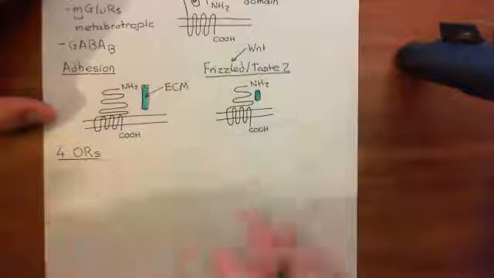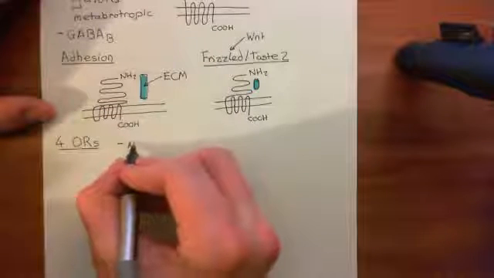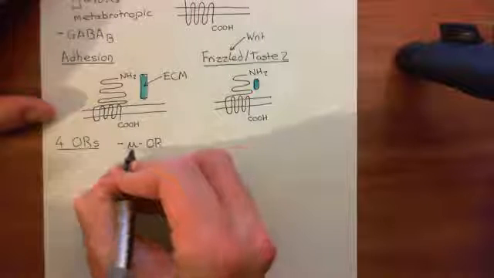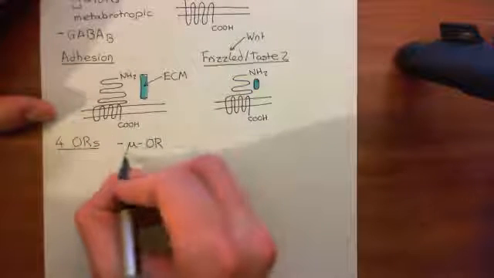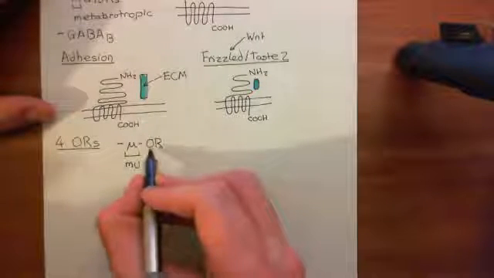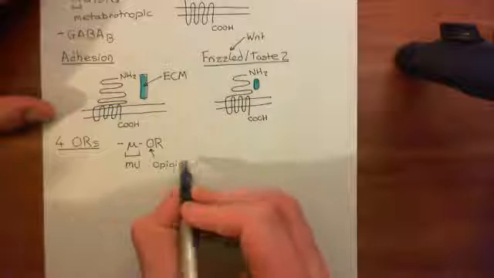Okay, so what now are the 4 different types of opioid receptor? Well, basically there is the mu opioid receptor, which I'll abbreviate to mu-OR. So this here is the Greek symbol mu. And then it's the mu opioid receptor, so OR is short for opioid receptor, okay, so the O is opioid, and then the R is receptor.